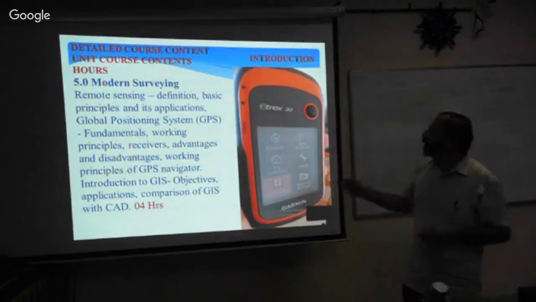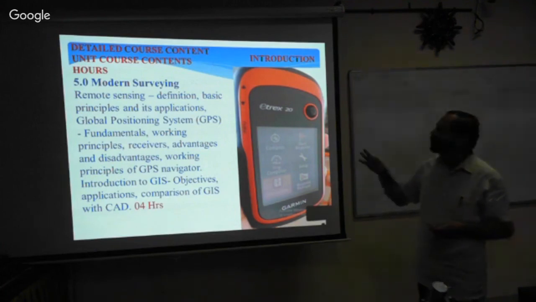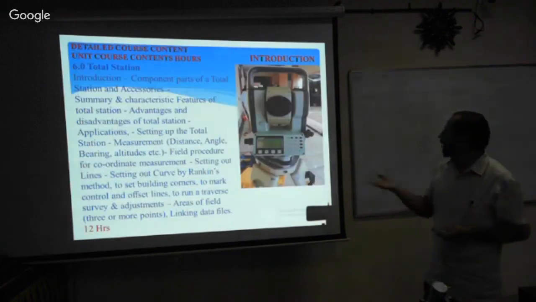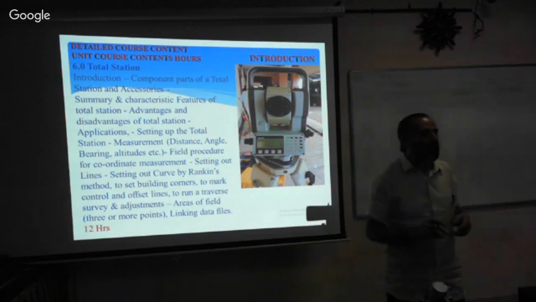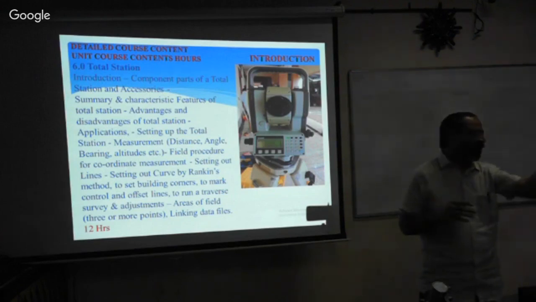Then the other instrument, it is detailed content. This is also modern equipment, isn't it? Now this is a GPS navigator, modern equipment. Yes, next please. Yeah, it is a total station. This is the total station, the most advanced equipment we have. Now I will explain everything, but at the particular time.